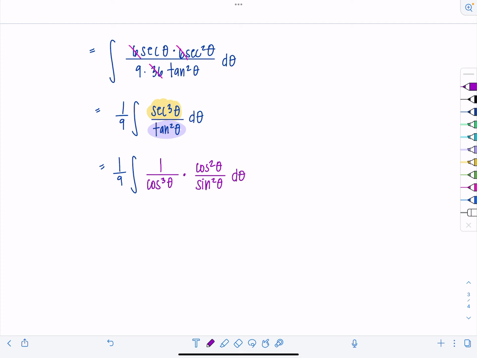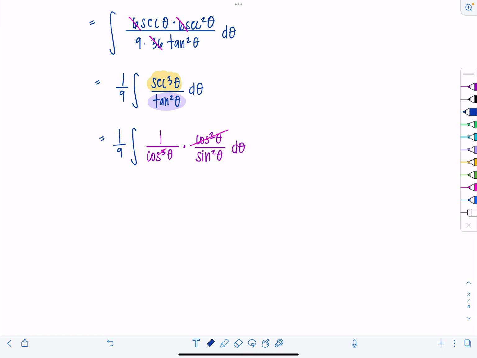Okay. Now I notice I can cancel out cosine squared in the numerator, and I'm just going to have 1 power of cosine in the denominator. Very excited. Looks like things are cleaning up. So we've got 1/9 integral 1 over cosine theta times sine squared theta d theta.